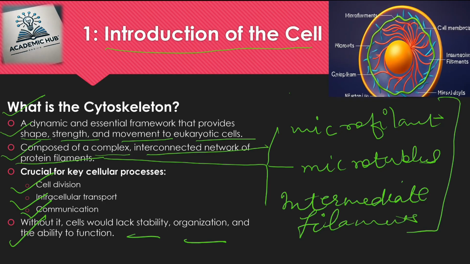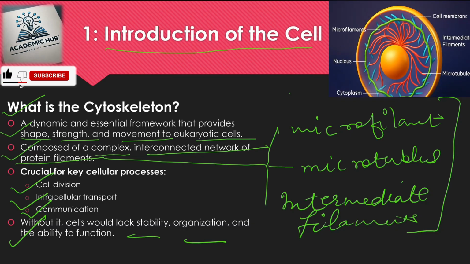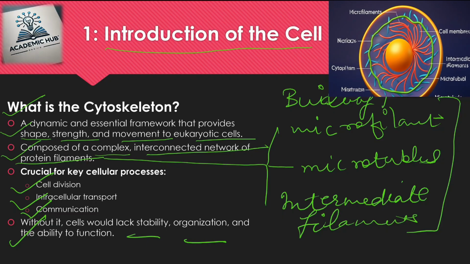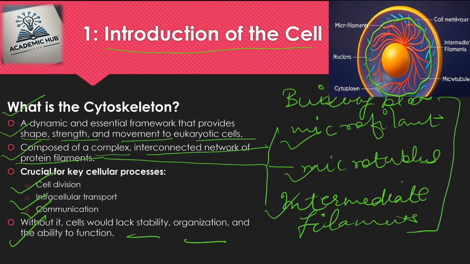We can also say that the cell cytoskeleton consists of three primary building blocks: microfilaments, microtubules and intermediate filaments.